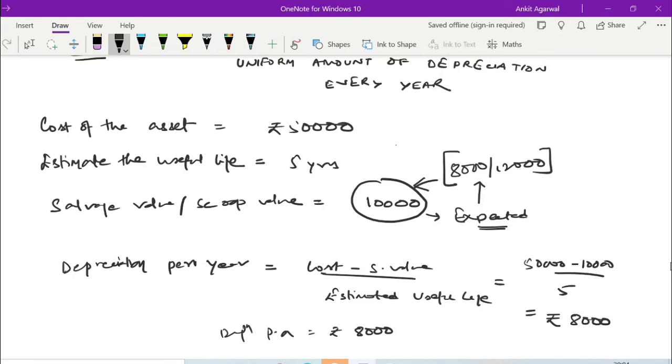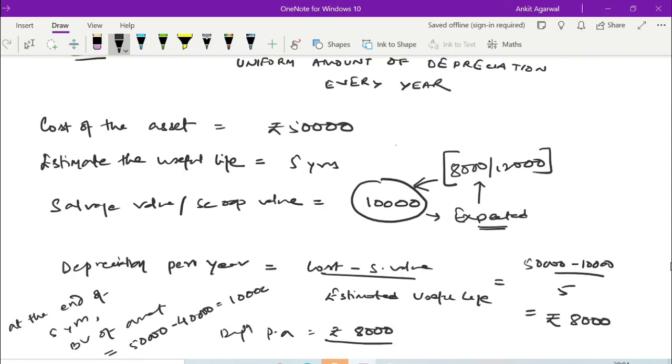Now you see, per annum the depreciation amount is 8,000. It means at the end of 5 years, the book value of the asset in the books will be 50 minus 40, that is 10, which is equal to the scrap value.